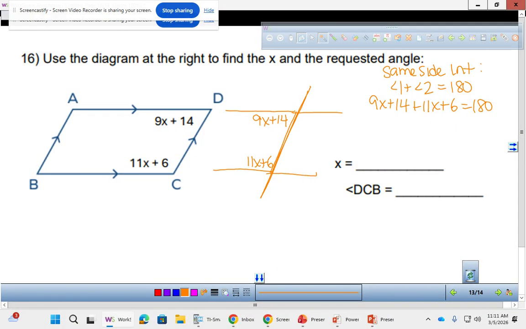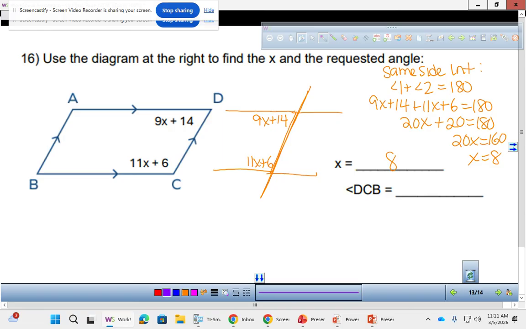I'm going to combine my like terms, 9x plus 11x and 14 plus 6. Just for room's sake, I'm not going to show it, but I'm going to subtract the 20. And that's going to give me 160. And then I'm going to divide by 20. That's where this 8 is going to come from.